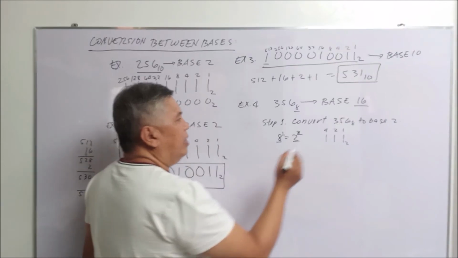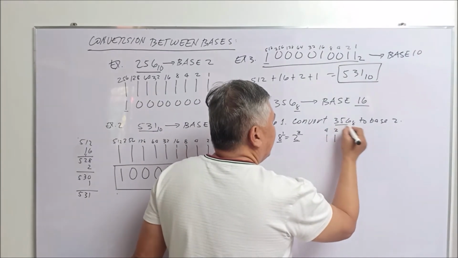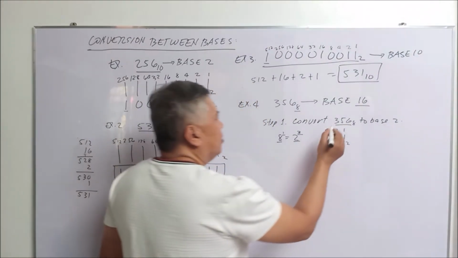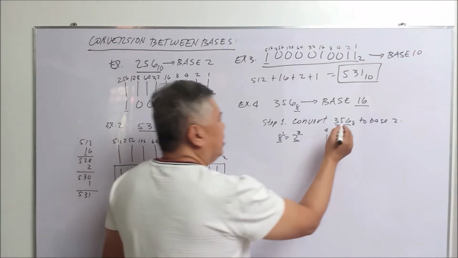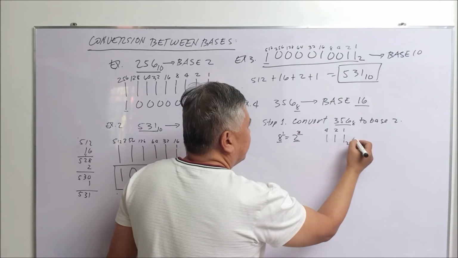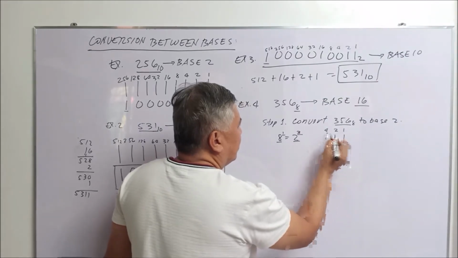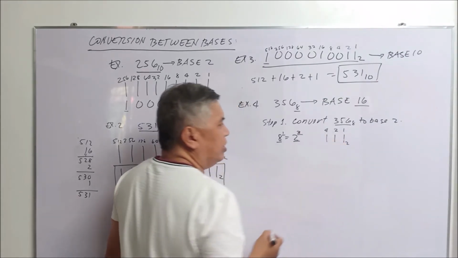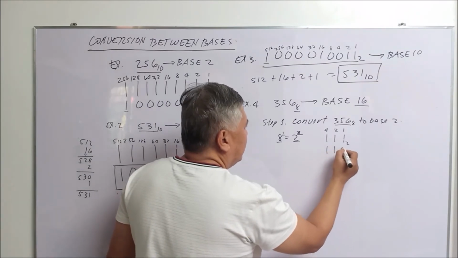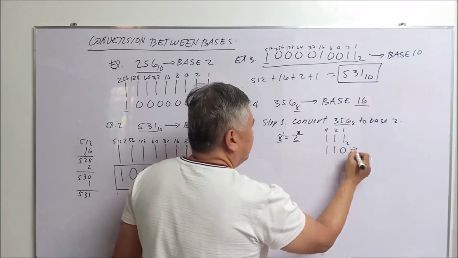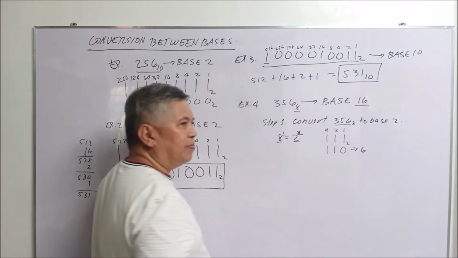Okay, then we find the binary equivalent of 3, 5, 6 in this manner. Say for example 6. Where is 6 here? That is what? 4 plus 2 is 6. So you make this 1, 1, 0, that is equivalent to 6.